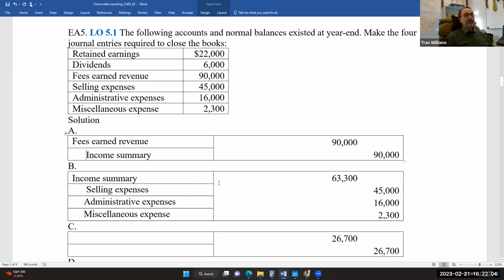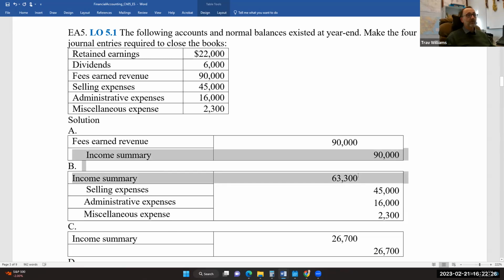Step 3, here's where we close out the income summary account. So we can see income summary had more credits than debits, right? So we're going to have to debit income summary to close it out. If you subtract, you take the $90,000 credit minus the $63,300 debit, you get a difference of $26,700.